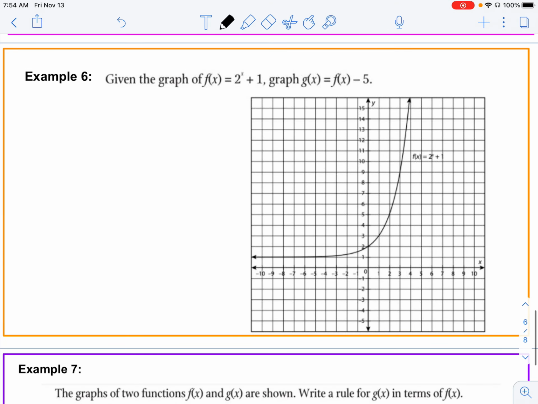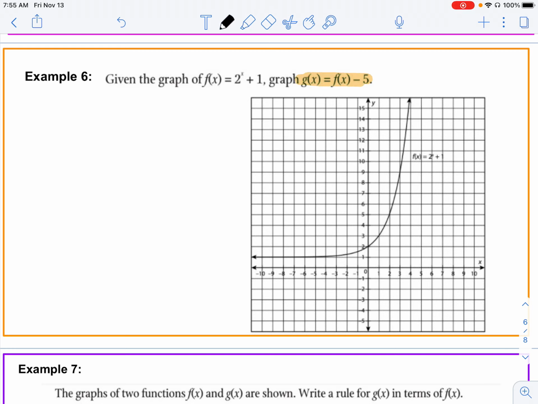All right, let's look at the next example. It says, given the graph of f of x equals 2 to the x plus 1, graph the given function, or graph g of x equals f of x minus 5. So it has this equation graphed already for us, 2 to the x plus 1.